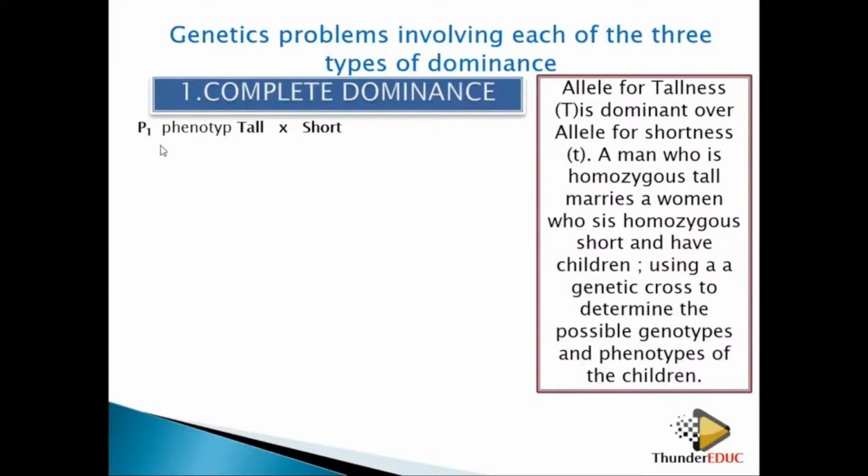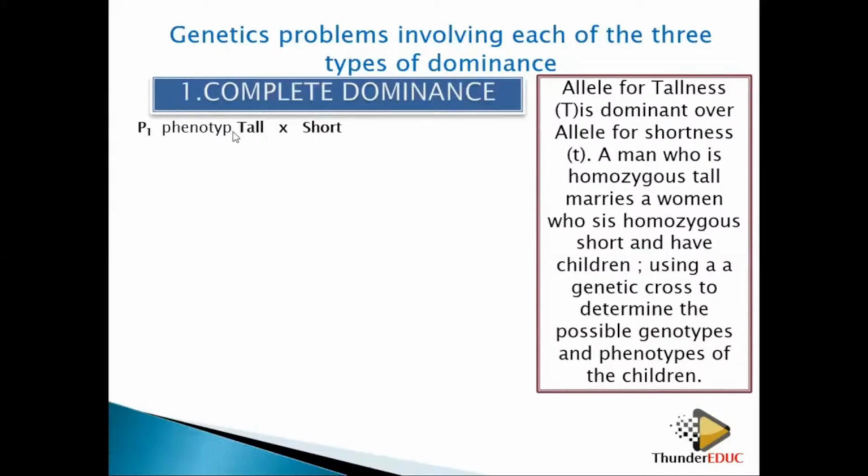So what am I going to do? P1, parent 1, phenotype. Tall guy marries a short lady. You get it from the question, as I told you. From the question, a man who is homozygous tall. This word homozygous will help us to identify the genotype. The words homozygous and heterozygous are only important in showing which kind of genotype you are having.